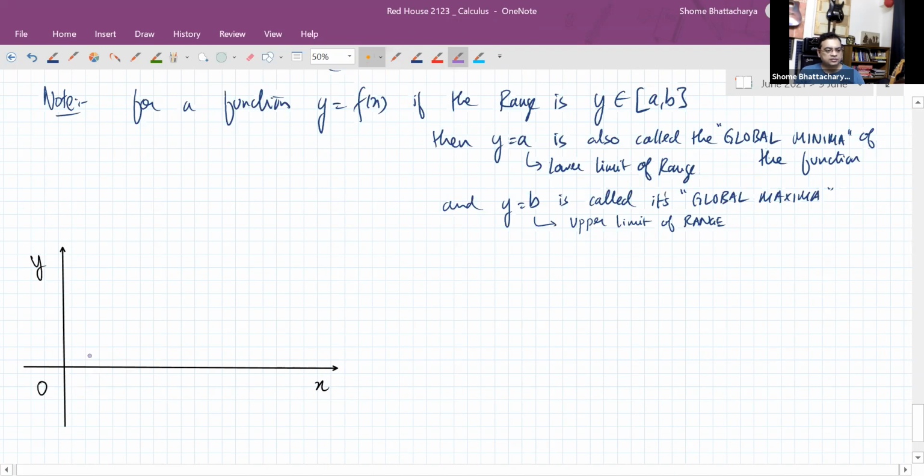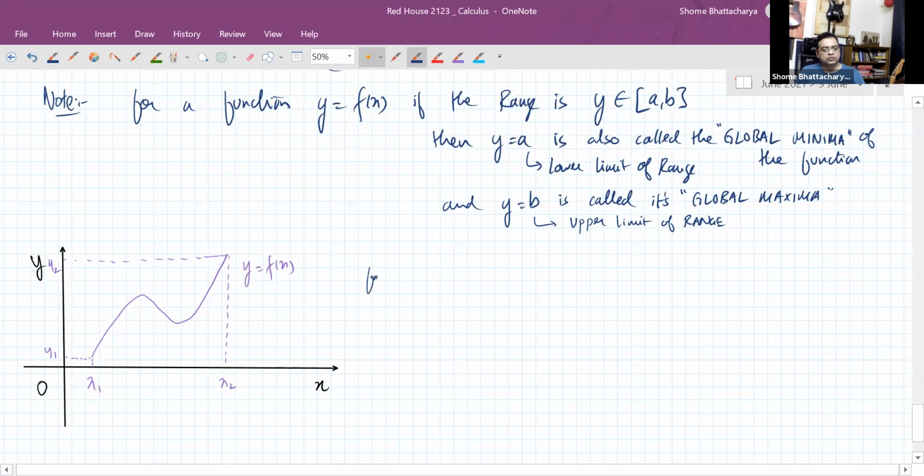So suppose I have a function whose graph is like this, and the function is defined for a specific domain x1 to x2, and in that specific domain it has a specific range, let's say y1 to y2.